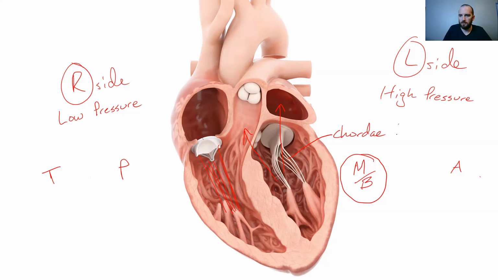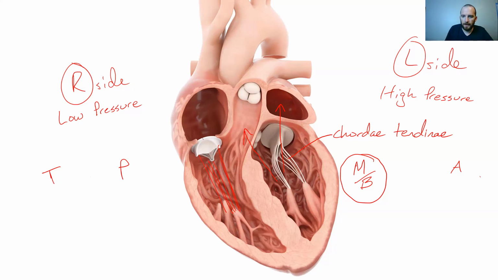And those are our chordae tendineae. Again, they're just anchoring those valves, so when they snap shut, they stay shut. They don't open up, they don't stay partially open, they snap shut.